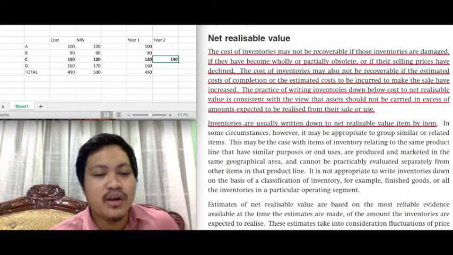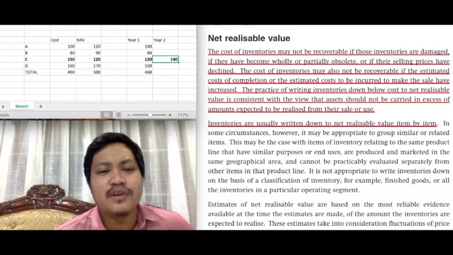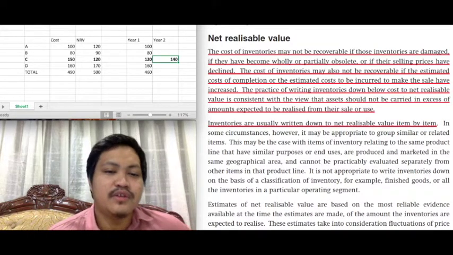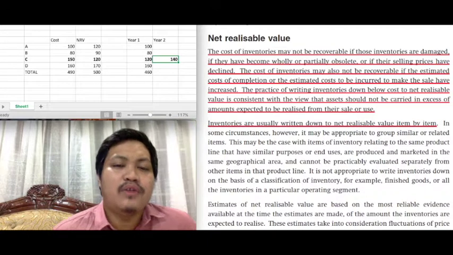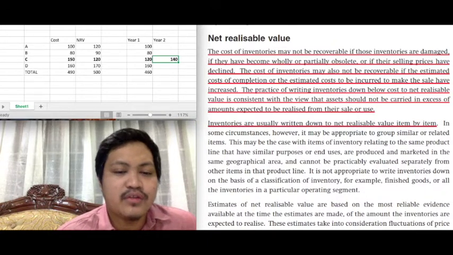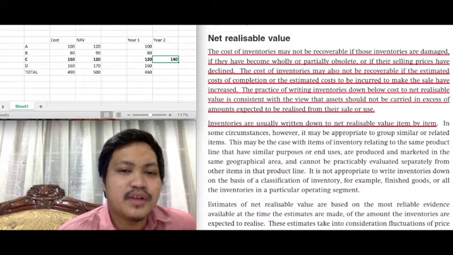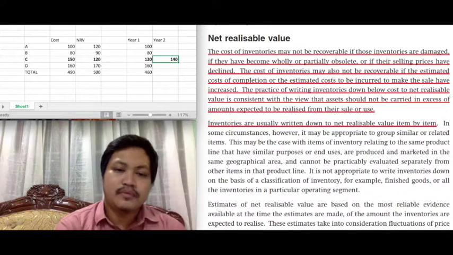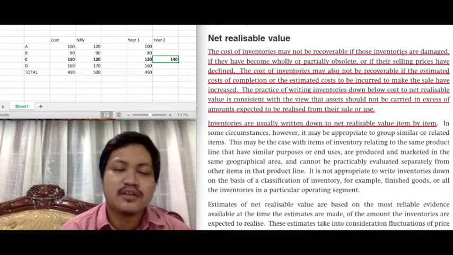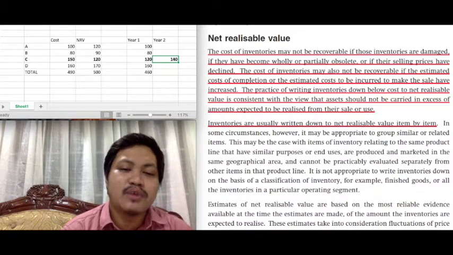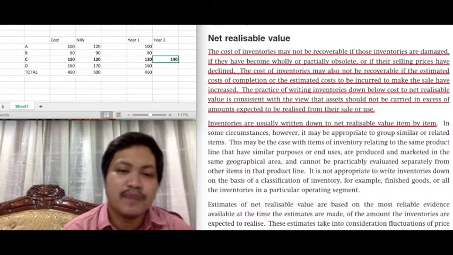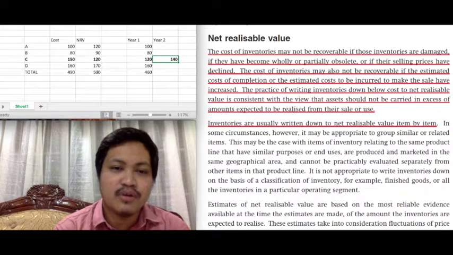Because basically we are canceling or reversing the previously recognized loss on inventory write-down from the last year. I hope this makes sense, class. On the first year, our inventories was impaired by 30,000, but this year its net realizable value improved, its net realizable value recovered. So that means the impairment on our inventory is no longer 30,000 but this time a lower amount.